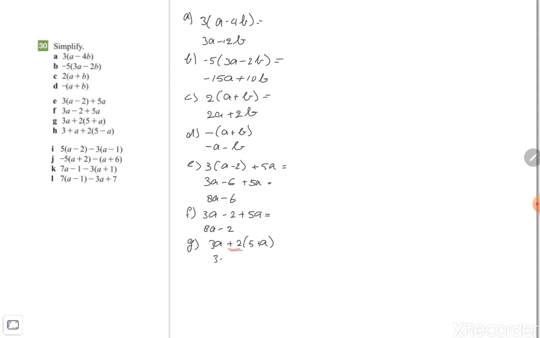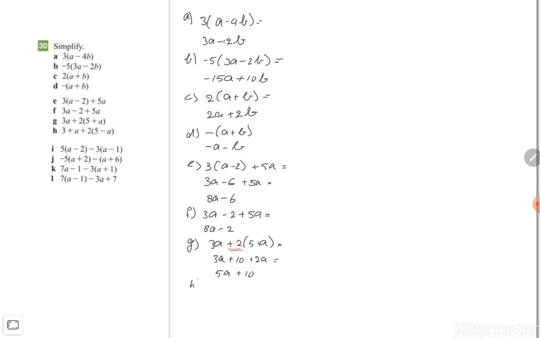Let me do that. 3A, and then 2 times 5 is 10, so plus 10, and 2 times A is 2A, so plus 2A. And then the equal terms, 3A plus 2A is 5A, and then plus 10.